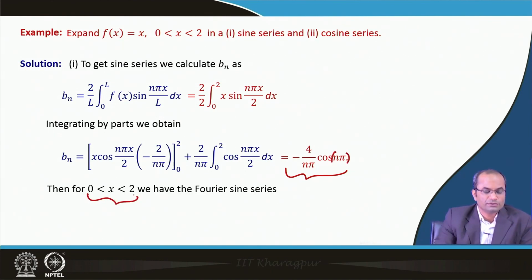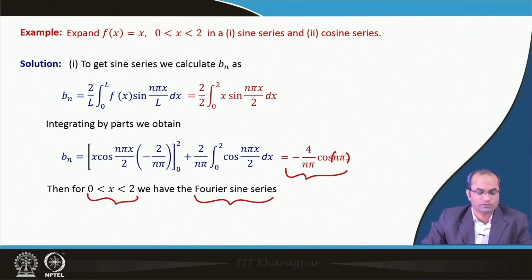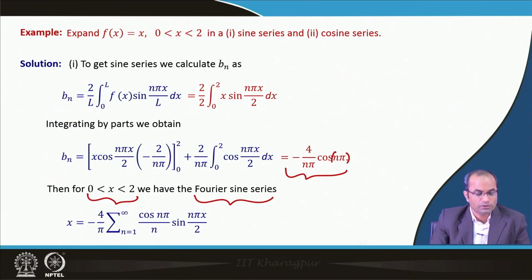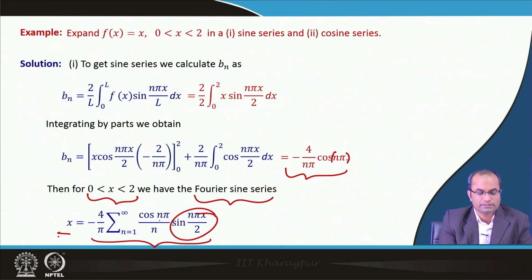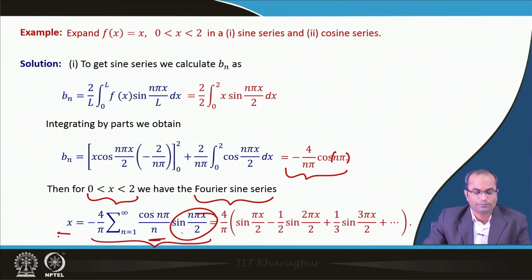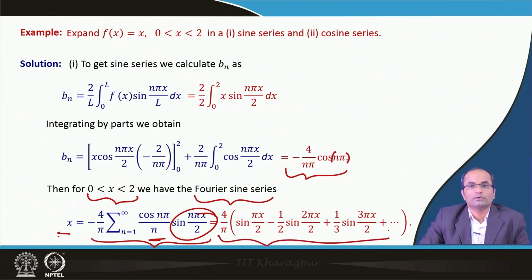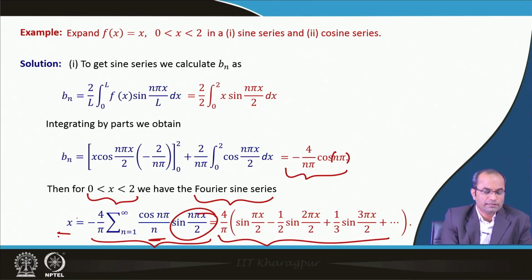So, in this region 0 to 2 we can have this Fourier sine series, because we have the b_n's ready now. So, x can be written in terms of the sine series with the coefficient here 4 over n pi and this cos(n pi), or we can expand it. We are getting only the sine terms in the series, and this is the representation of this x.